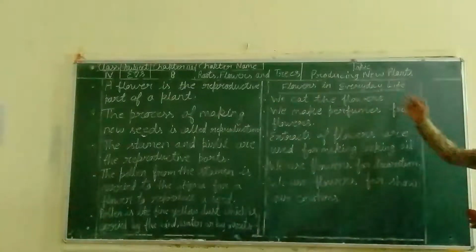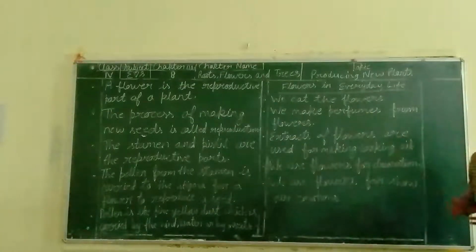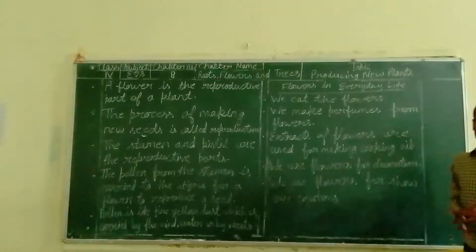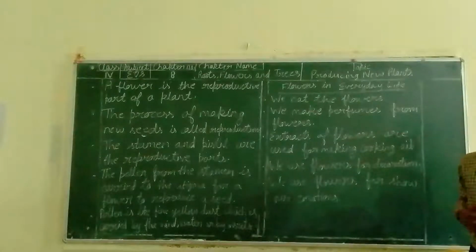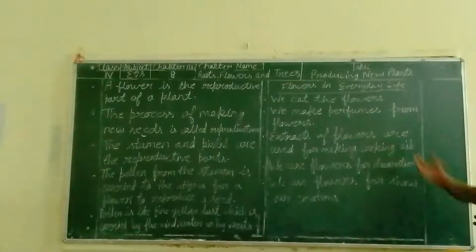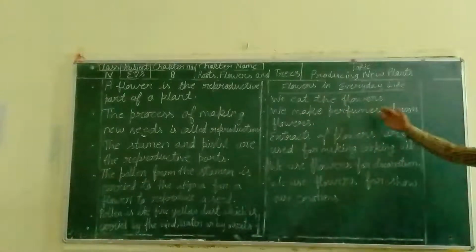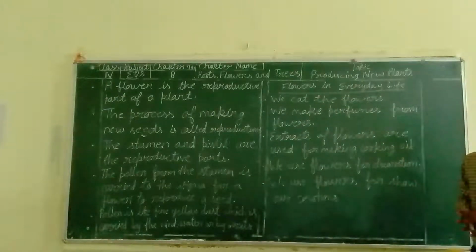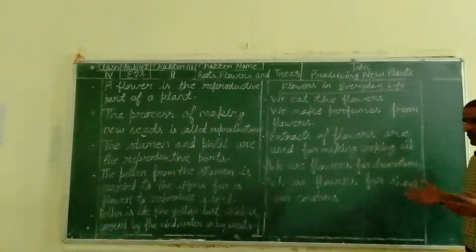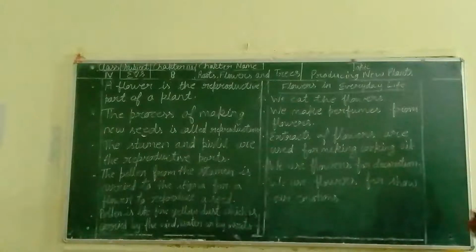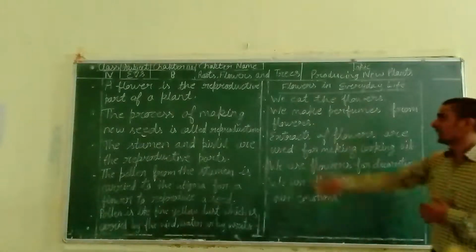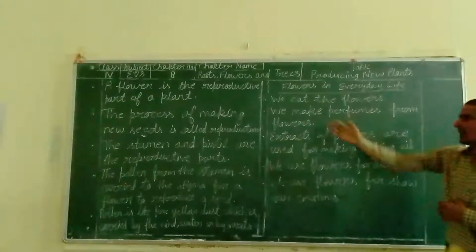Now, flowers in everyday life. You know that the plant is very useful for us, and definitely its parts are also very useful. We eat flowers. Different types of flowers are used as food. We make perfumes from flowers.